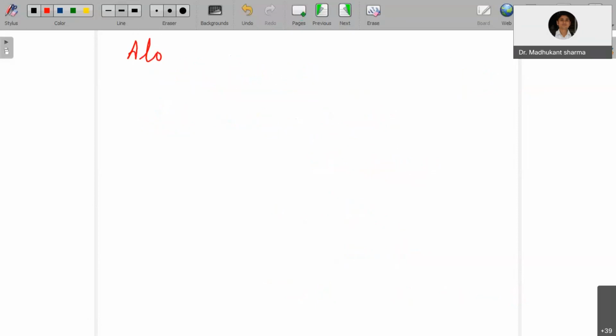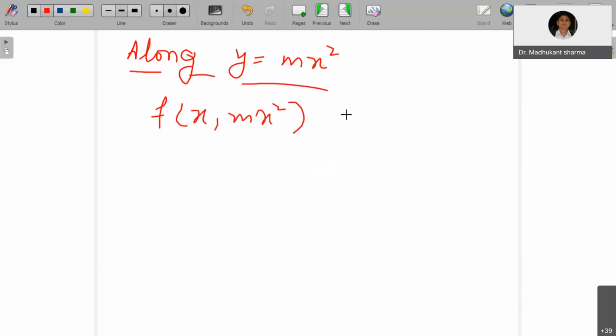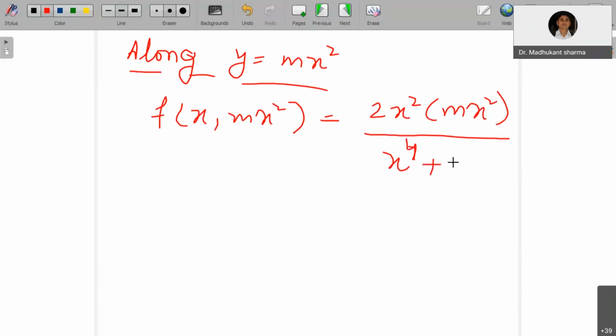But look at this path now. Let's take the parabolic path y equals mx square, that is (x, m times x square). So that is 2x square times y, which is mx square, divided by x to the power 4 plus y square, which is m square times x to the power 4. The x to the power 4 will get cancelled, and you will have 2m divided by 1 plus m square.